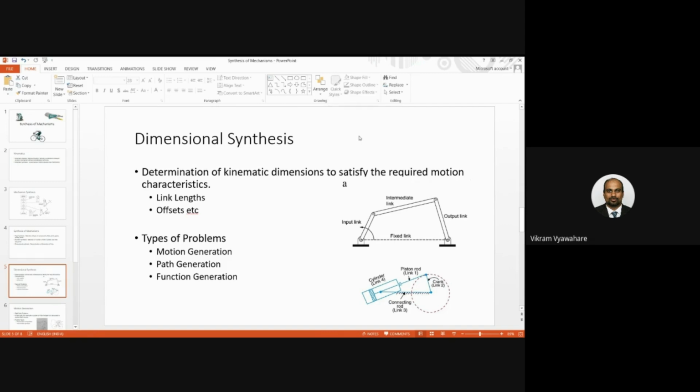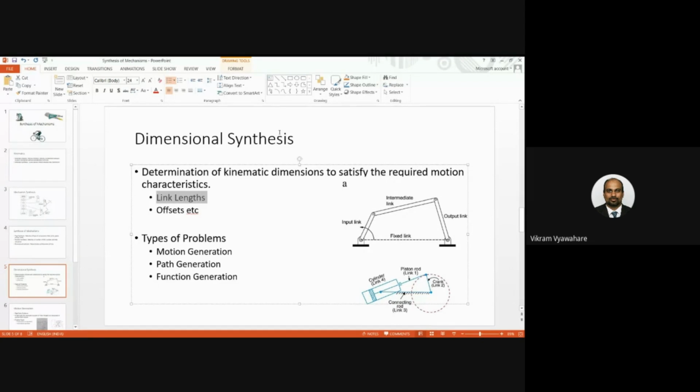Mainly, we will consider these two. What we are going to determine is the length of the links and maybe the offsets. So the main thing you can think of is that we are going to determine the length of the links in dimensional synthesis.